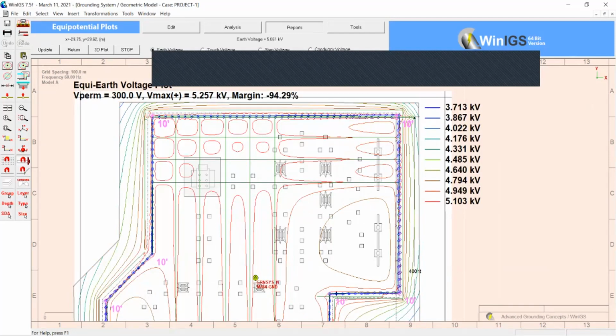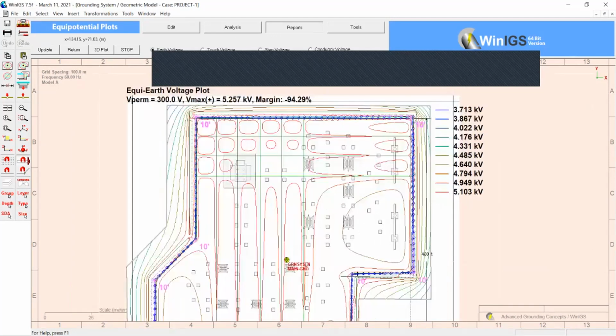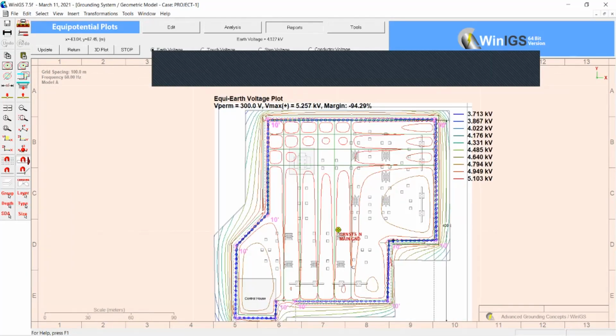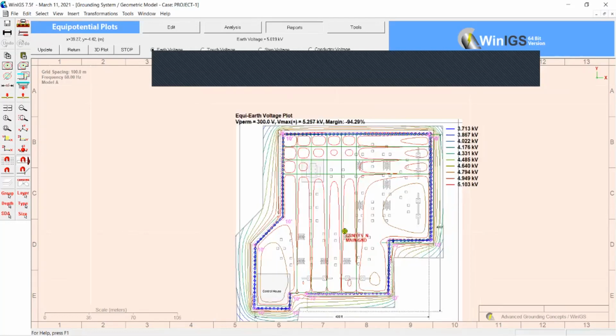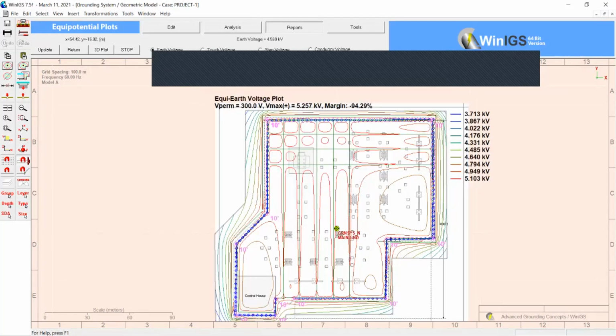So see, my model is not done. I didn't put any conductor here, but your model is complete. You will have different numbers depending on the design. So this is the earth voltage plot, the voltage gradient you will have surrounding your substations.